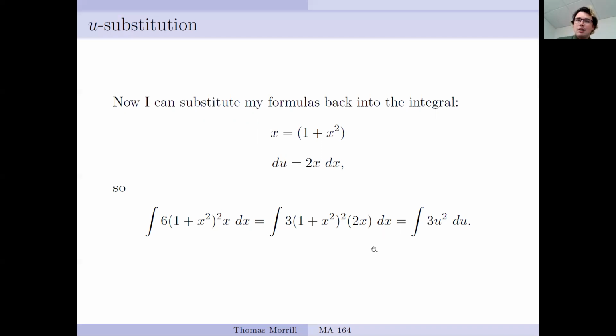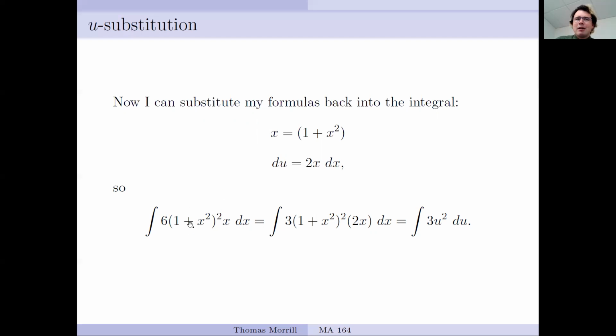Okay, cool. So that 2x dx, that's my du. That 1 plus x squared, squared again, that's a u squared. The 3, well, the 3 just comes along for the ride. Again, I know that I've done the substitution right because every single x has now been turned into a u. It also helps that this is a much simpler integral than what I had before.